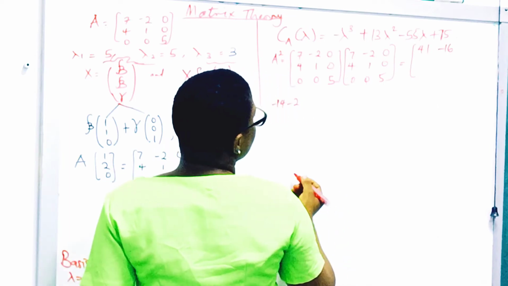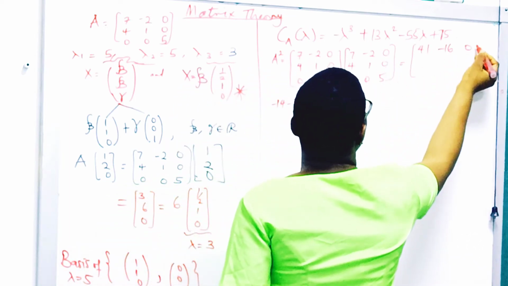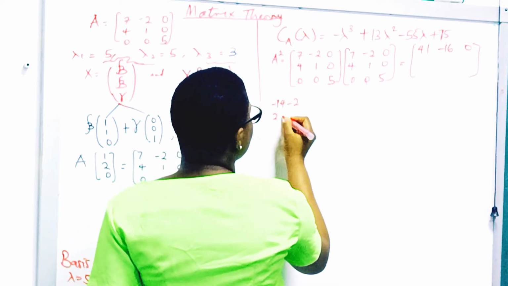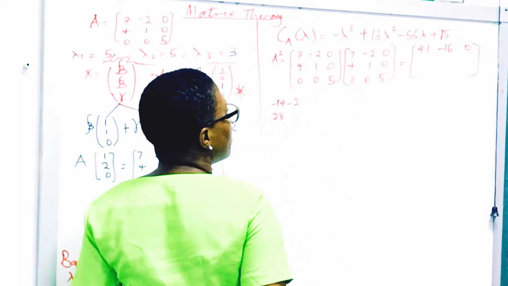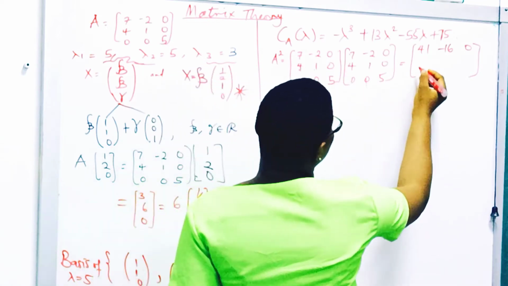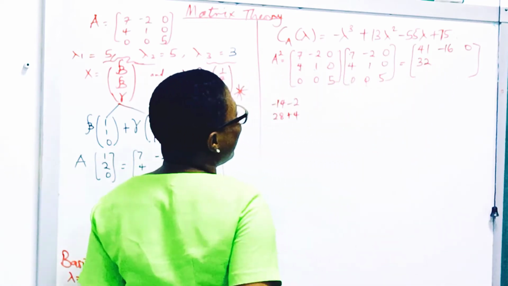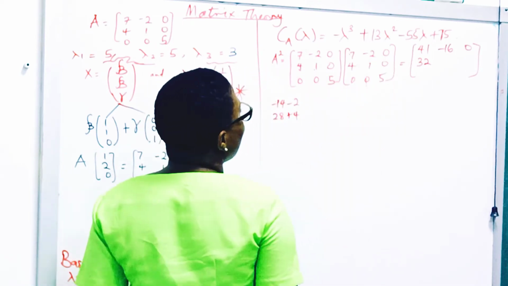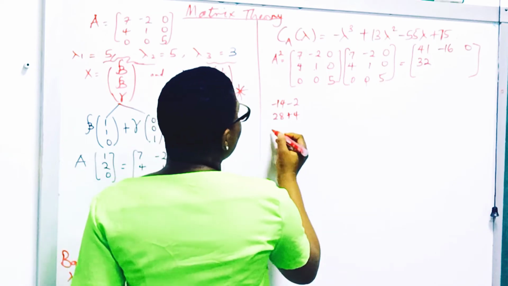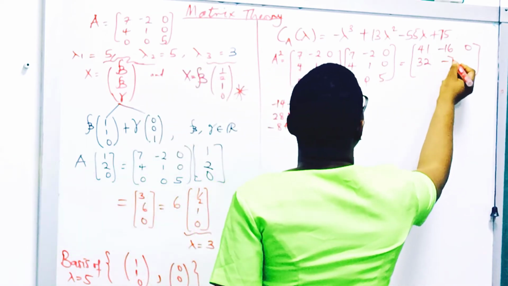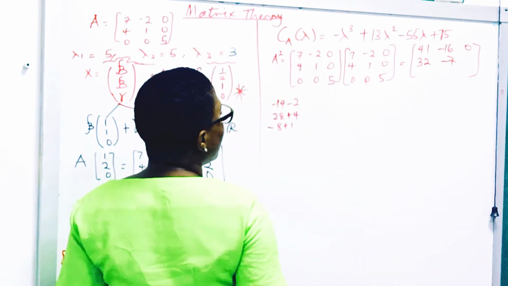The next one, everything is 0. This times this, 28, plus 4, 32. Then minus 8 plus 1, minus 7. Put your mind there, don't make a mistake.